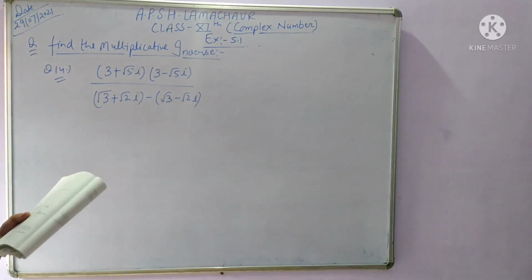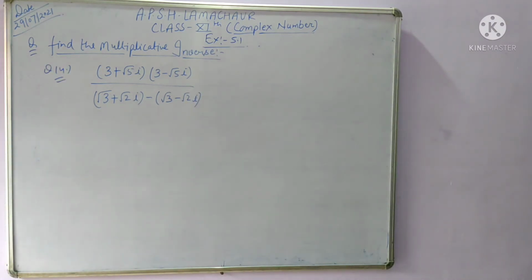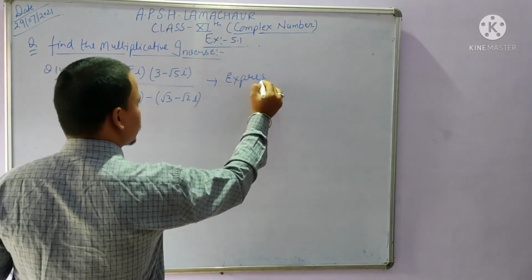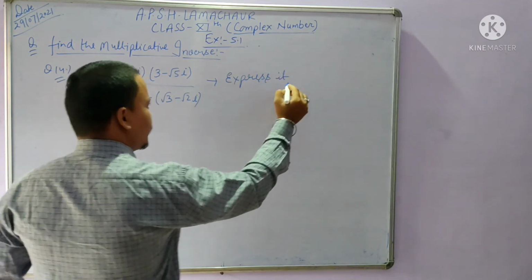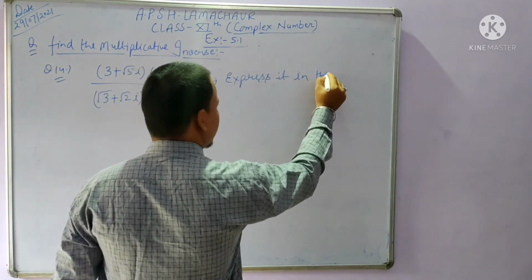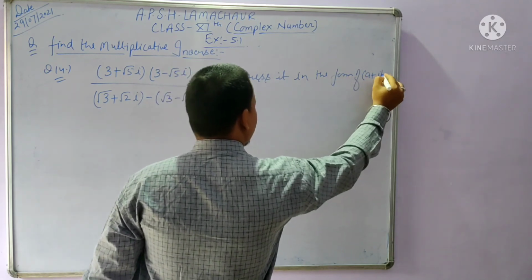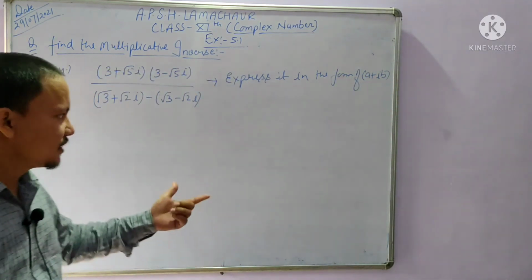This is the expression given here, and we have to express it in the form of a plus iota b. We have to change it into this form.